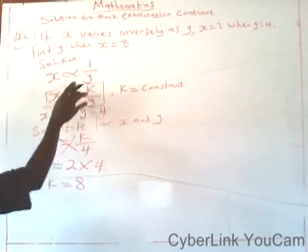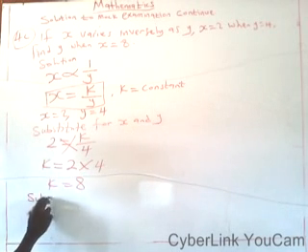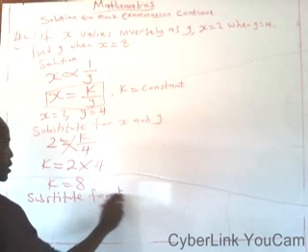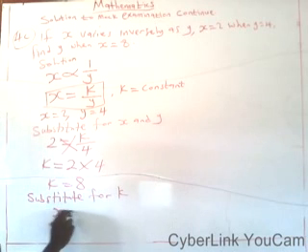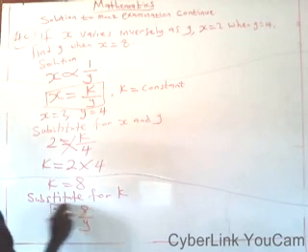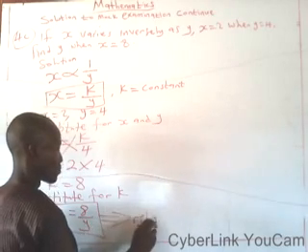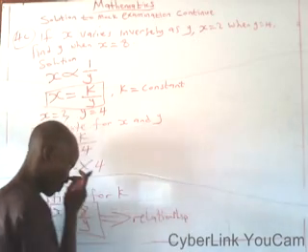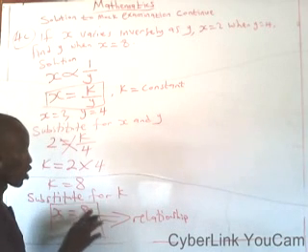We are now going to rewrite this particular expression, substituting for k. We are going to replace this with what? X equals to 8 all over y. This is now what we can refer to as our relationship.